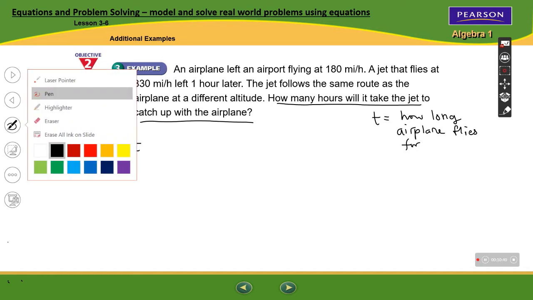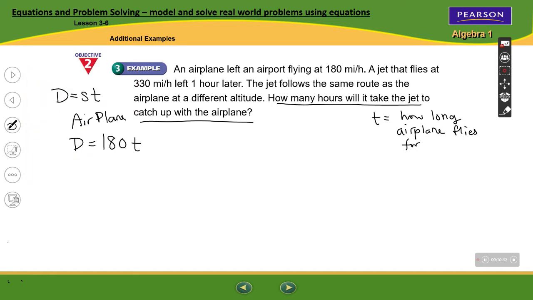All right, so now we're going to do the same thing for the jet. So over here, we're going to go D. Do we know the distance for the jet? No. Do we know the speed for the jet? 330 miles an hour. But we know the jet left 1 hour later. So if the jet left 1 hour later, that means it's going to be traveling 1 hour less than the airplane, because the airplane has already been traveling for 1 hour when the jet finally takes off.